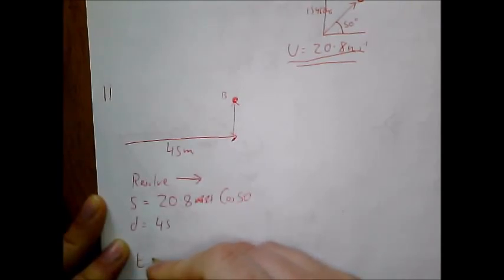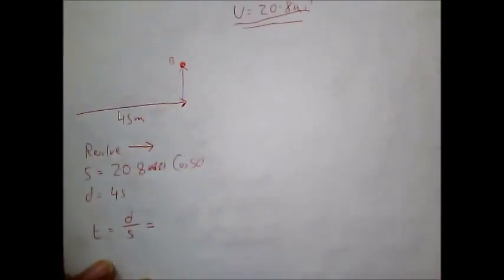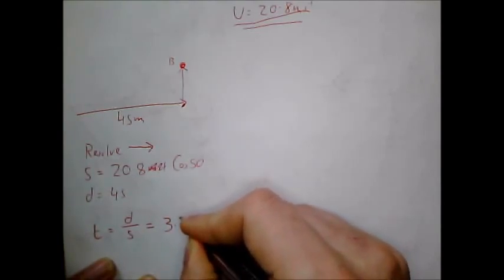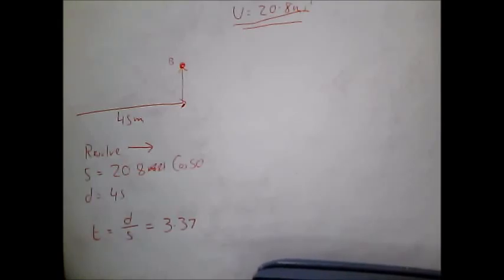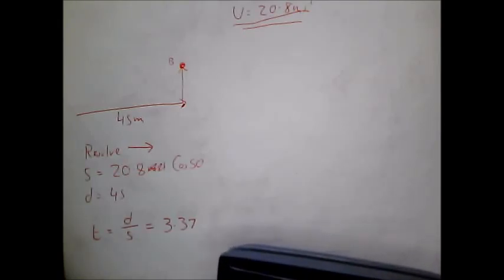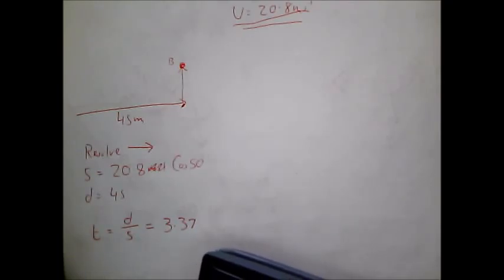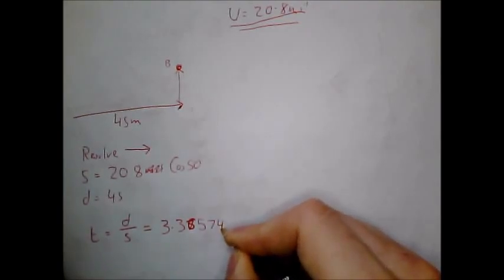So time is distance over speed. And that gives us a time of 3.37. I'm going to do just a few more decimal places because we don't want to lose too much accuracy from this. So 45 divided by 20.8 cosine 50 gives 3.36574.